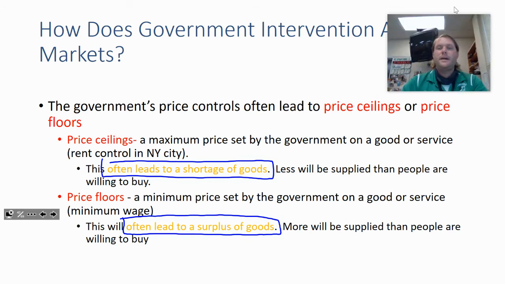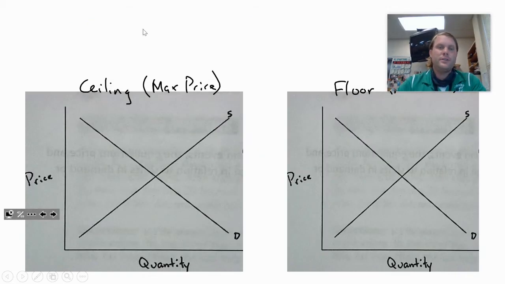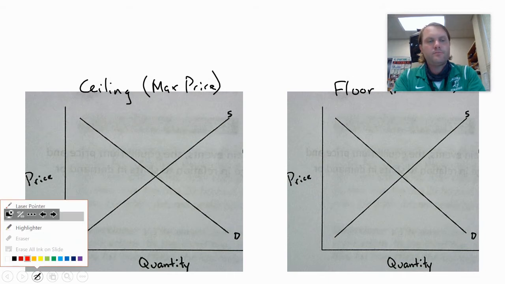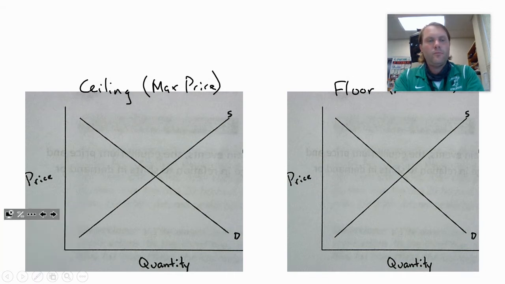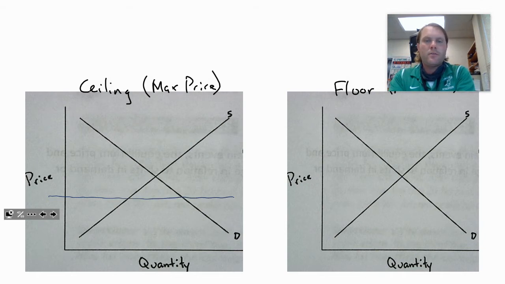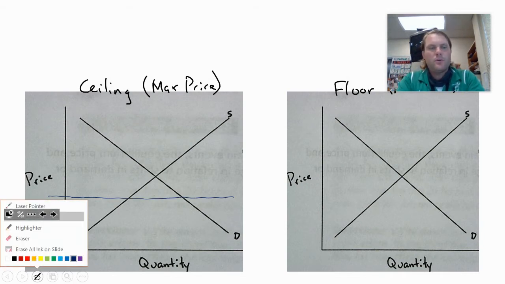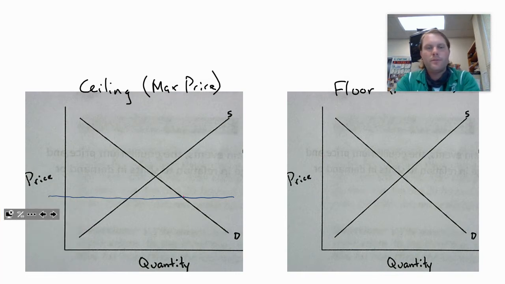Now, this creates a challenge in the sense that if we set a maximum price, let's just say it's right here, we have the situation we talked about with our shortages, that now more people can afford to buy housing. Here's our quantity demanded, a big number compared to how much we're able to supply.